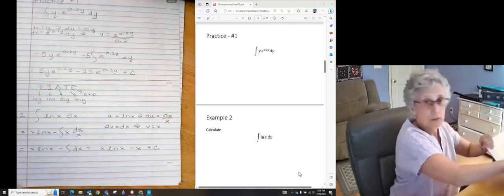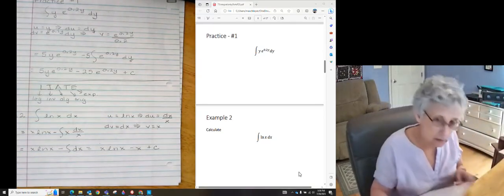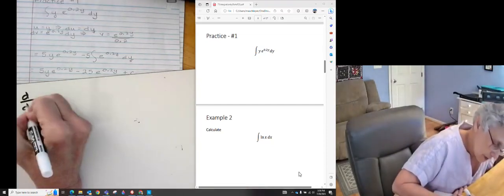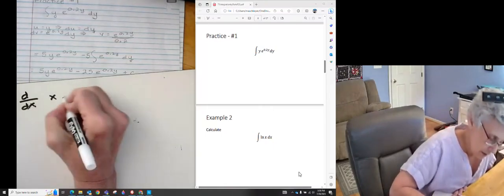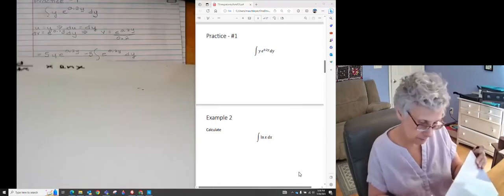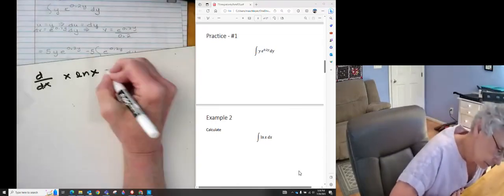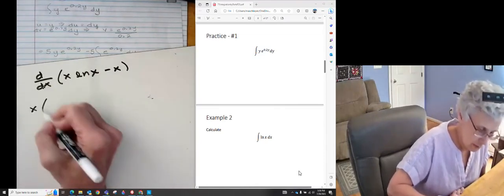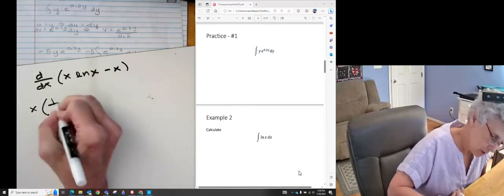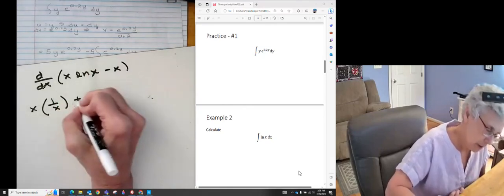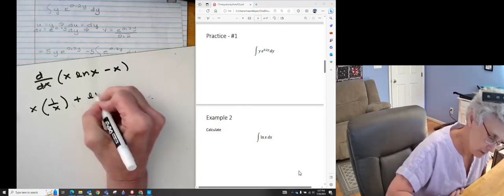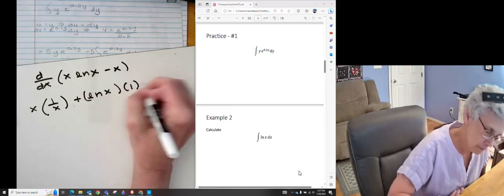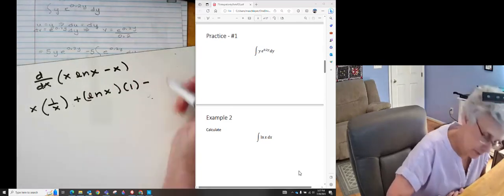Again, if you're dubious, let's take a quick look at the derivative with respect to x of x ln of x minus x. So first times the derivative of natural log, which is 1 over x, plus second times the derivative of first, minus the derivative of x, which is 1.